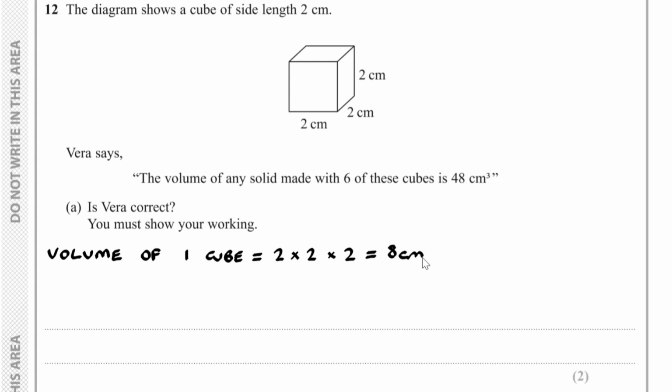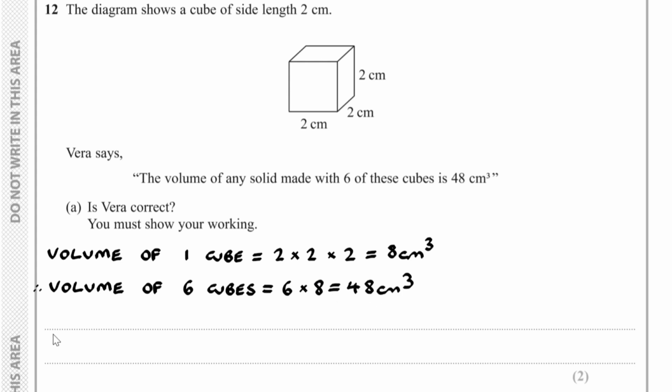So that's 8 centimeters cubed. And therefore, the volume of 6 cubes, we would have 6 times 8, which is 48 centimeters cubed. And therefore, Vera is correct.